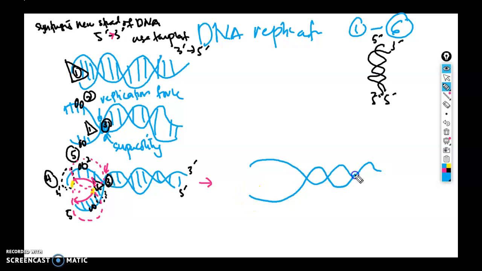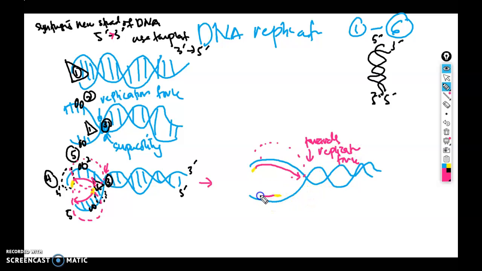So imagine the strands of the DNA open more. When it opens more, the primase and DNA polymerase will continue the addition of the DNA nucleotide and elongate towards the replication fork.